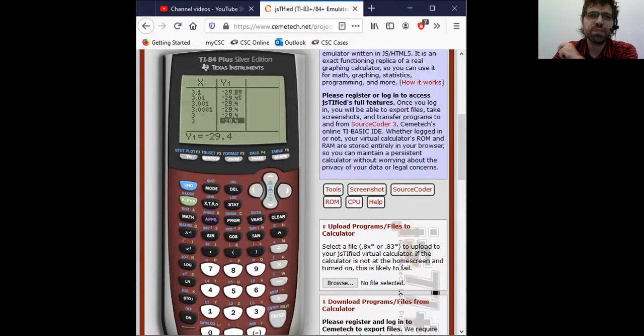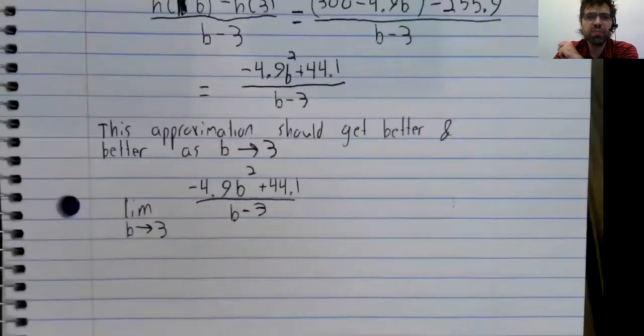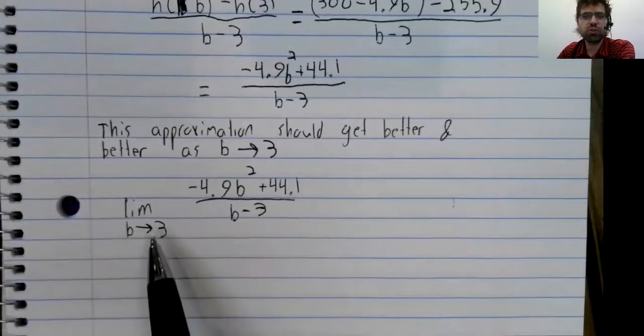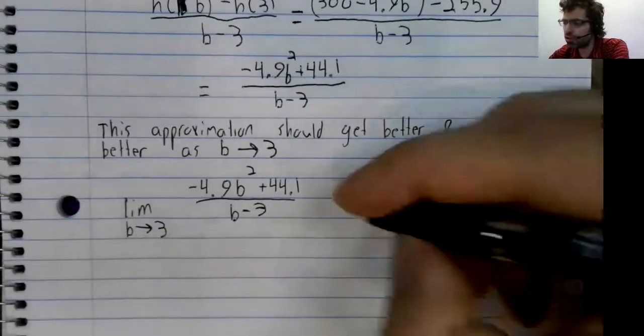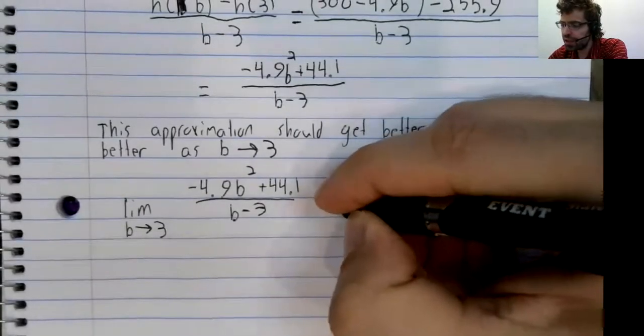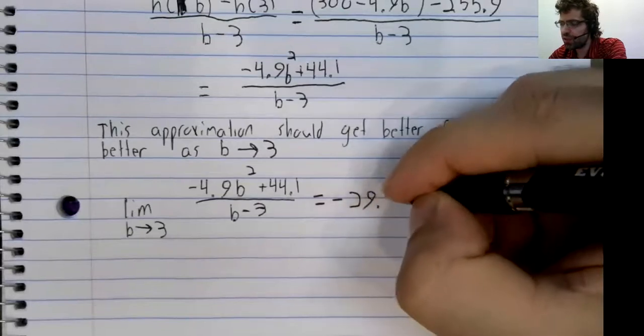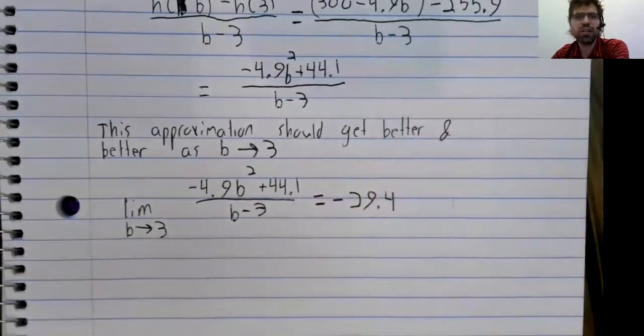But if we now consider this in terms of limits, as our input is getting closer and closer to 3, this expression is getting closer and closer to negative 29.4. That's the limit.